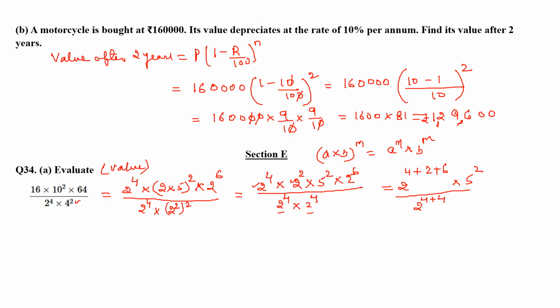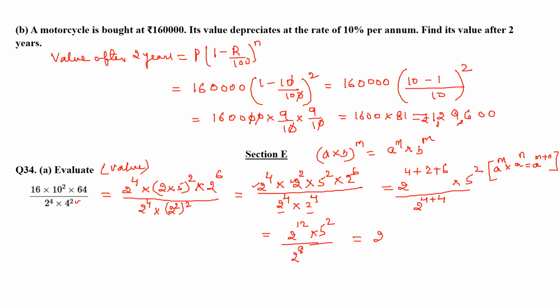So 4 plus 4. And please mention the law also, whatever you are using, that is important. So it is a to the power m into a to the power n equal to a to the power (m plus n). Now after that it will be 2 to the power (4 plus 6 is 10, 10 plus 2 is 12) into 5 square by 2 to the power 8. Now I am using the division law because in the numerator and denominator the base is the same, 2.